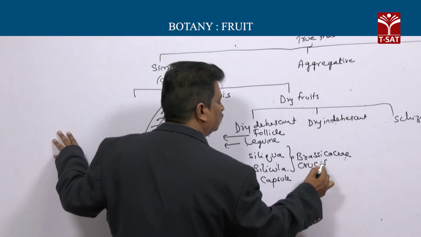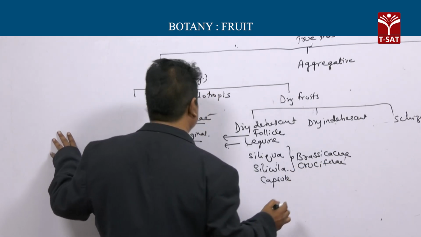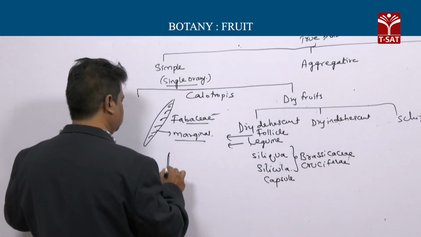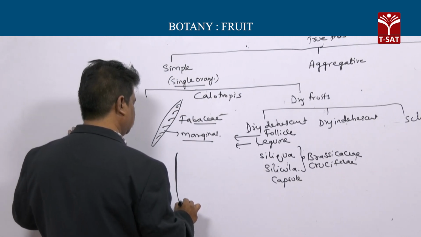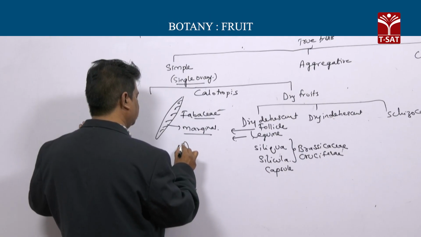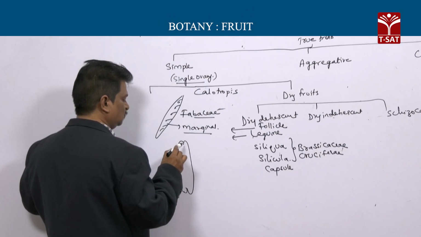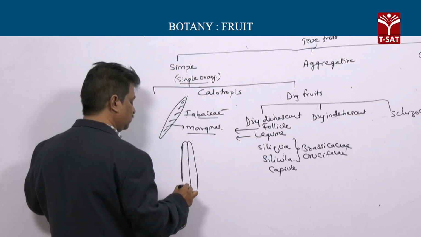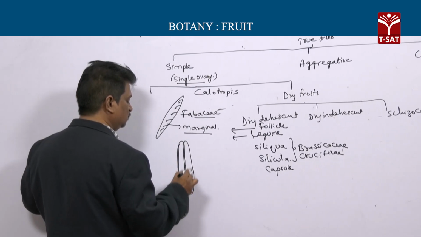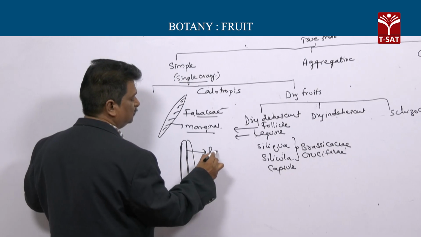Siliqua and silicula, both types of fruits common in Brassicaceae. Old name is Cruciferae, in which fruit is developed from bicarpellary, unilocular, but it becomes bilocular due to false septum.